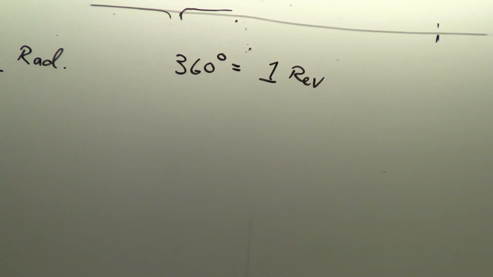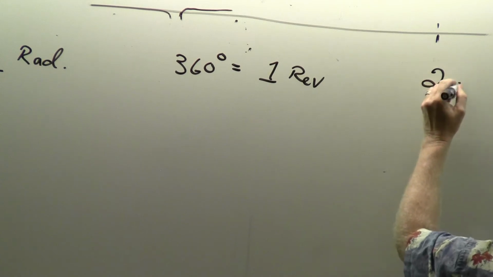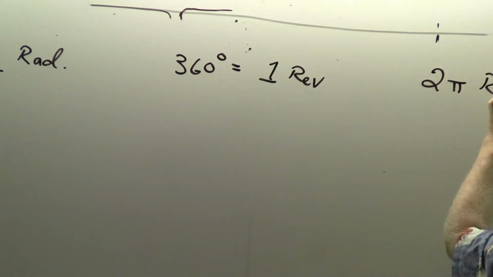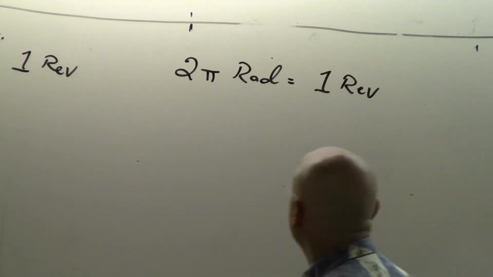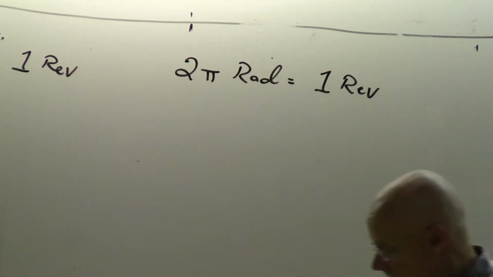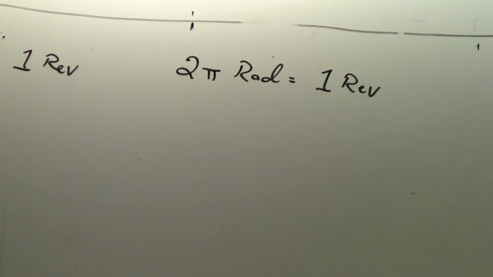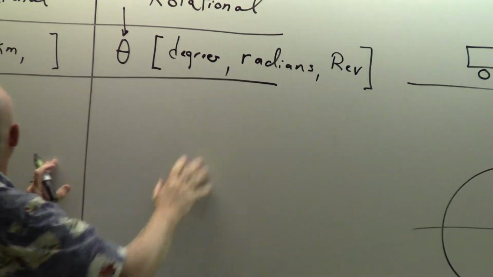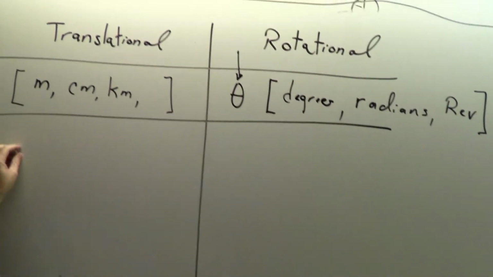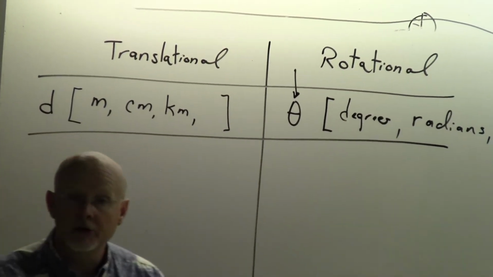And of course, that third option would be to say 2 pi radians is equal to 1 revolution. And so I'm hoping you're seeing here, without me doing too much work, because we probably got to move on time-wise, that I can convert from degrees to radians to revolutions in the same way as I can convert from meters to centimeters to kilometers.